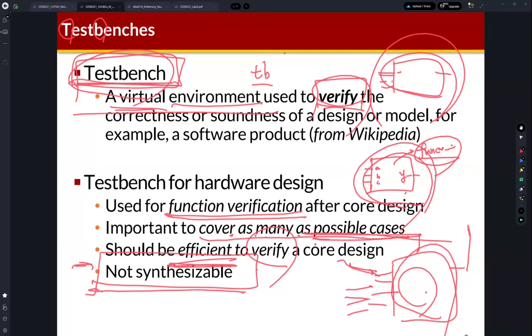We can take some time for designing our system, but we also need to take a long time for verifying our design, and we can use a test bench file for verifying our design file, right?